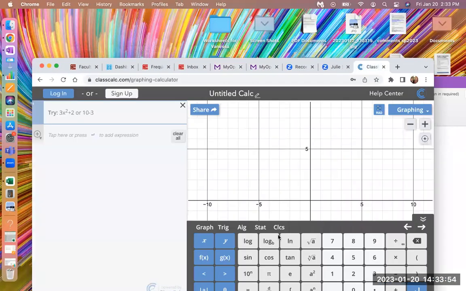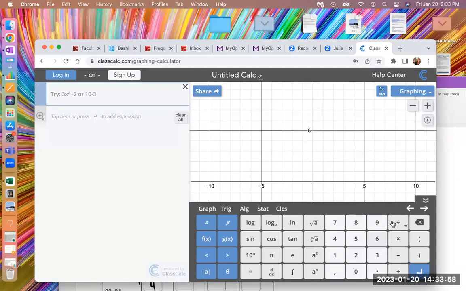Get a calculator here. 6 divided by 30 is 0.2.